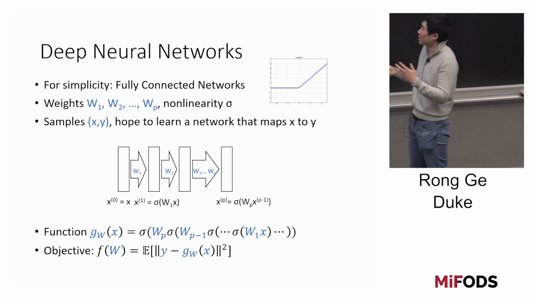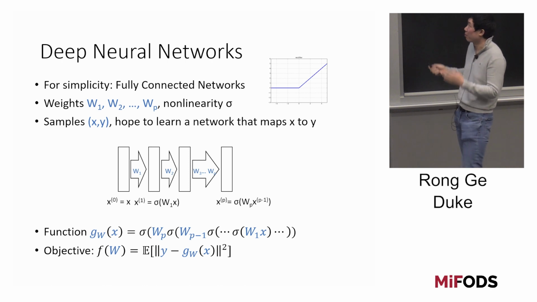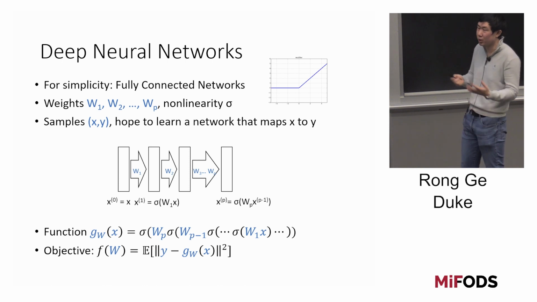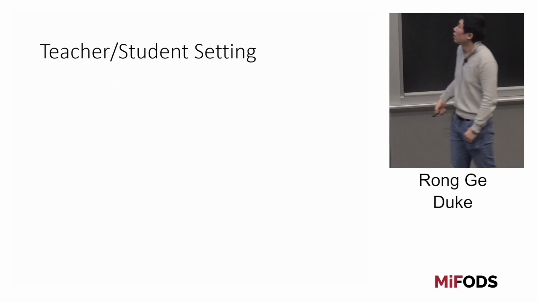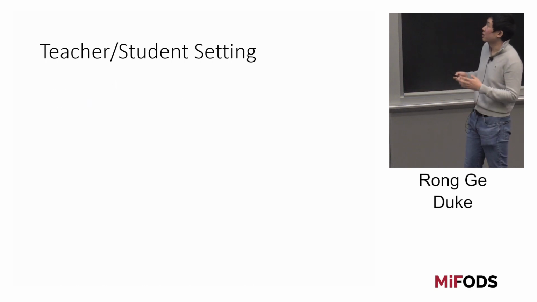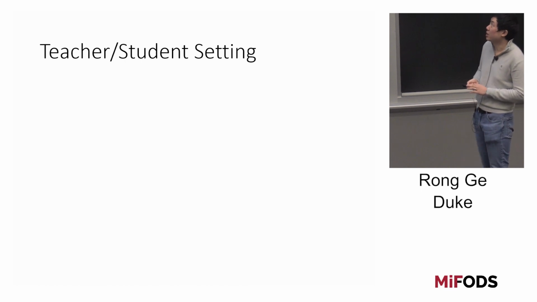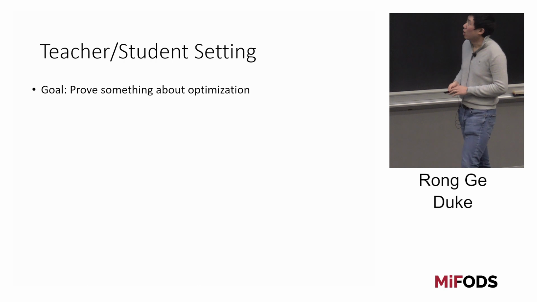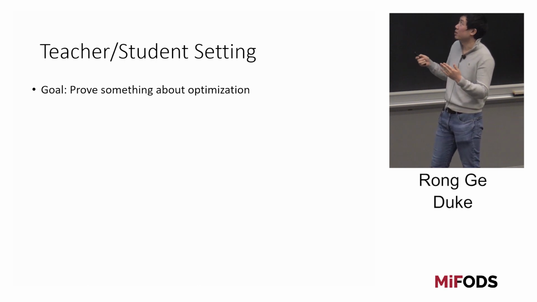Of course, in practice, in most cases, other loss functions are used, but many of the things that I will talk about could also be extended to other loss functions. And to make things simpler, in many cases we are going to consider the teacher-student setting. That's because in this talk, my goal is to focus on proving something about optimization.